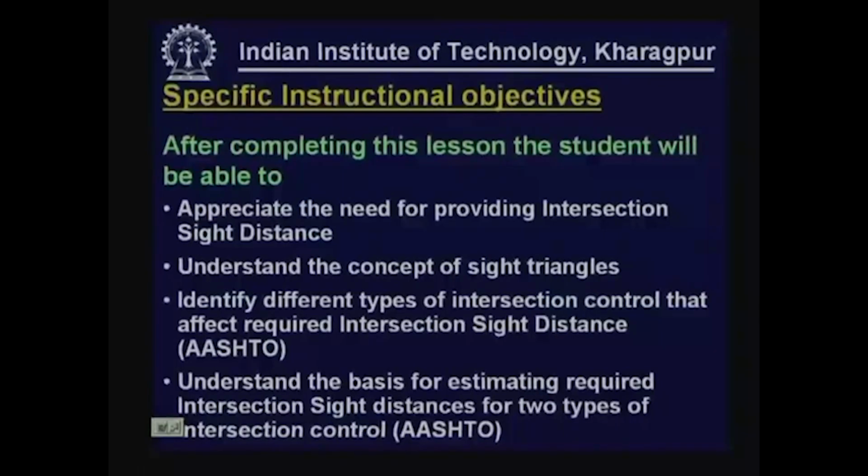Also, the student will be able to identify different types of intersection control that affect required intersection sight distance. These are the considerations from AASHTO, the American Association of State Highway and Transportation Officials, and also understand the basis for estimating required intersection sight distance for two types of intersection control.